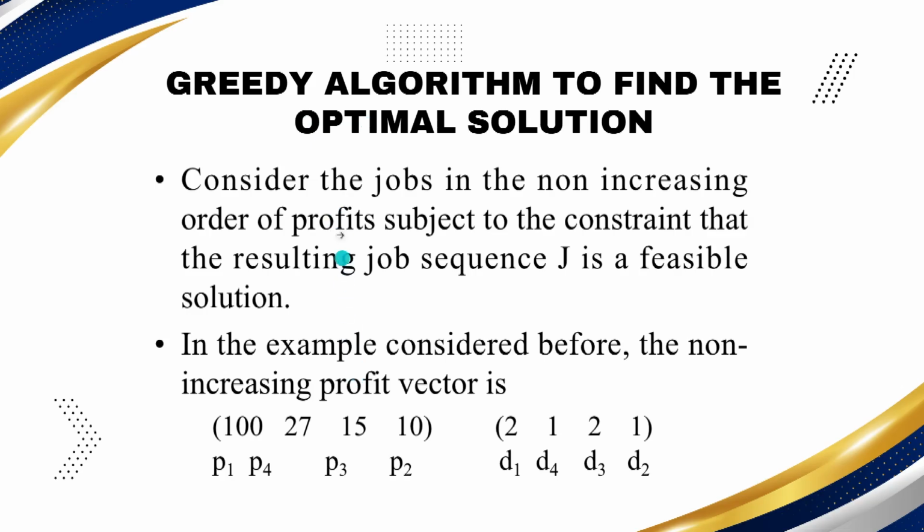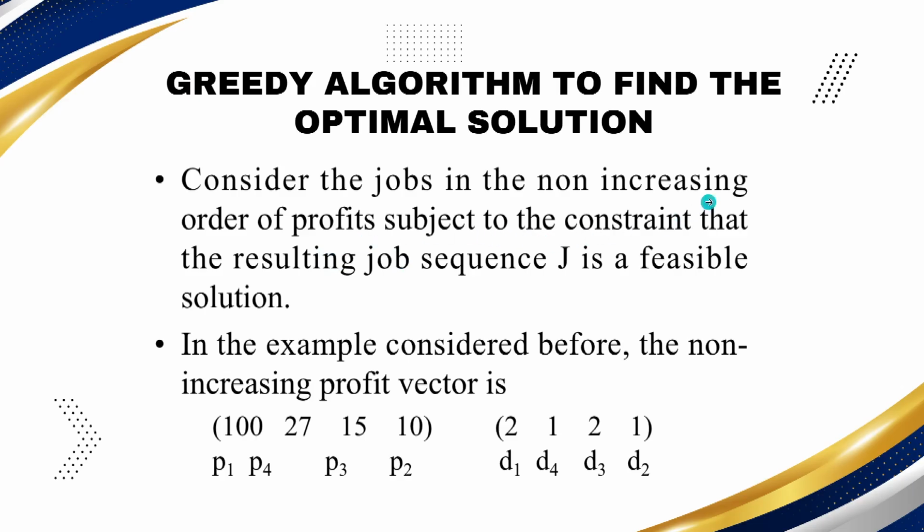the greedy approach. So, in order to get the optimal solution for the job sequencing problem using the greedy algorithm, these are some of the steps that we take up. The first is we have to consider the jobs in the non-increasing order of their profit, subject to the constraint that the resulting job sequence J is a feasible solution.